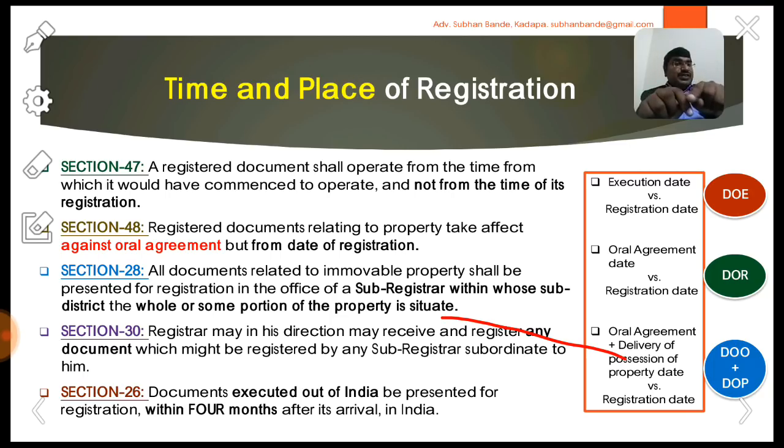Under such circumstances, the date of agreement plus delivery of possession of the property is legally recognized. The limitation starts from that date. The execution is recognized from that date. This is the rule.